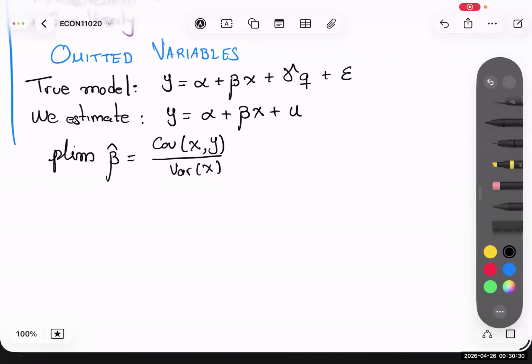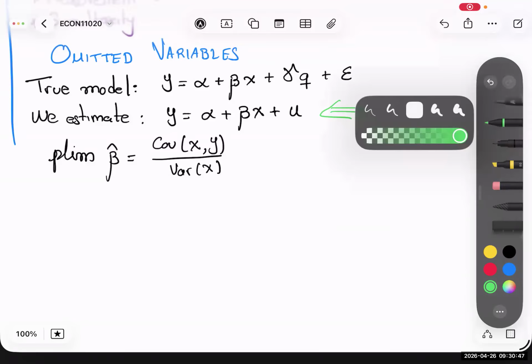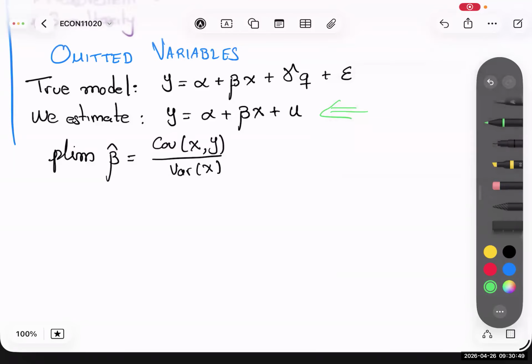The problem is that in many observational data samples, you don't observe cognitive abilities. And for that reason, the model that you are going to estimate is not the true model, but instead it will be this one, which is a model with an omitted variable, in this case excluding the cognitive abilities variable q.